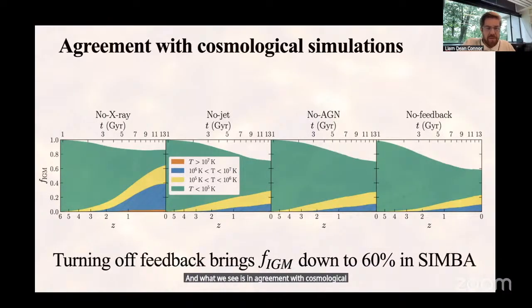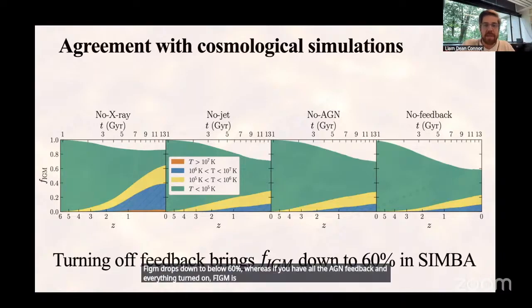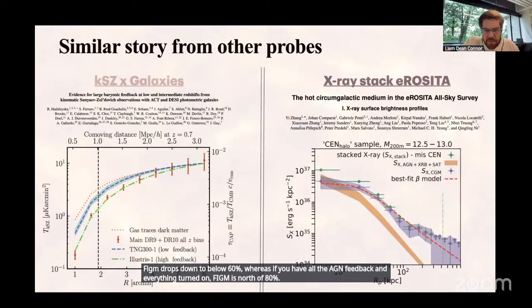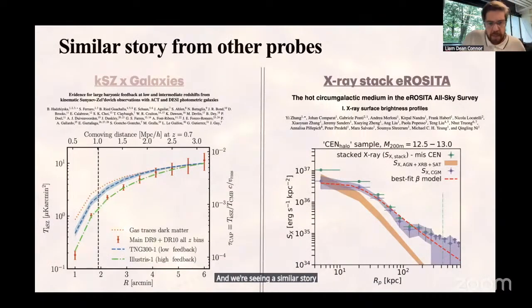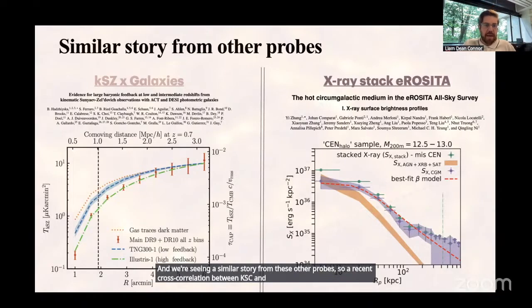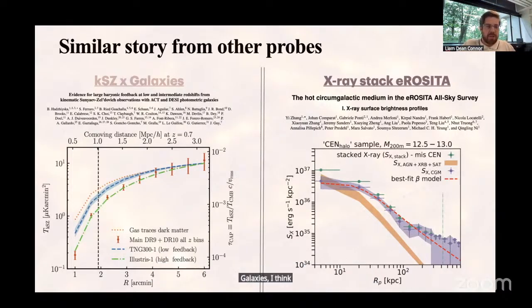If you turn off all feedback in Simba, FIGM drops down to below 60%, whereas if you have all the AGN feedback and everything turned on, FIGM is north of 80%. And we're seeing a similar story from these other probes. So a recent cross correlation between KSZ and photo-z galaxies, I think Legacy, showed baryon deficient halos.